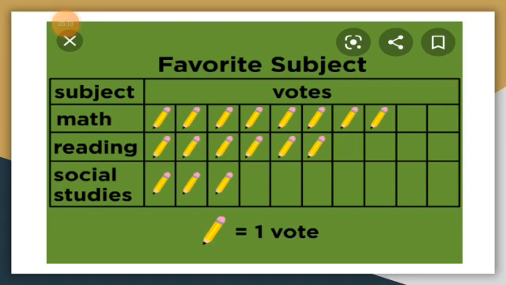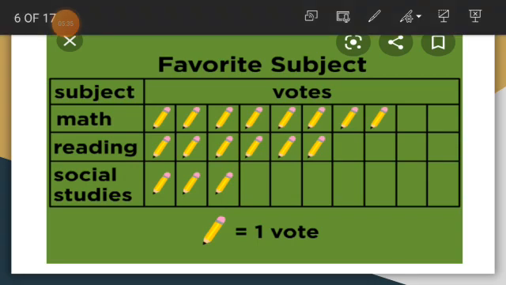Yes, look at this slide. We have favorite subjects. For the favorite subject, votes are given. And here is the key. One pencil represents one vote. So the subjects are maths, reading, and social studies. Now let's see which subject got more votes.